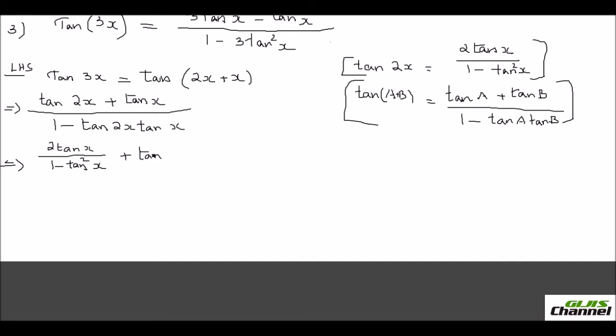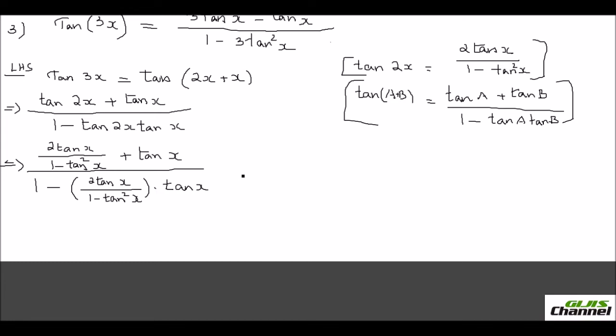This is the numerator, and in the denominator too I'm going to replace the tan 2x with this. So that would be 1 minus, here for tan 2x it is 2 tan x over 1 minus tan squared x times tan x.